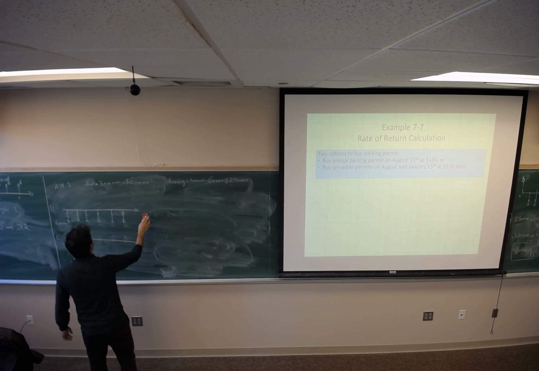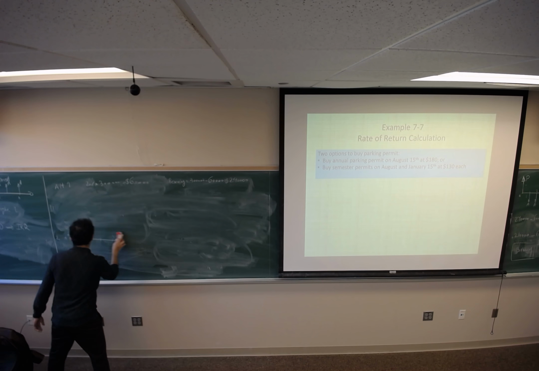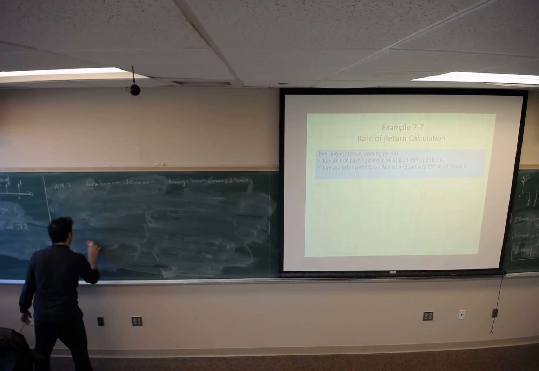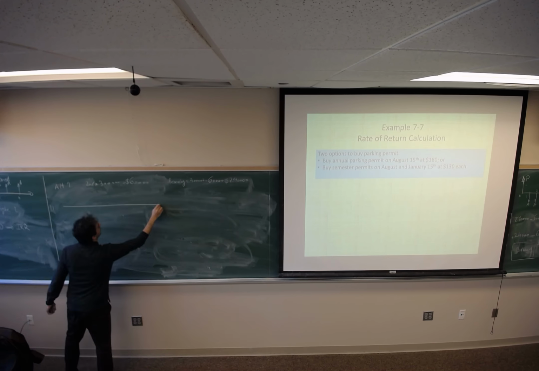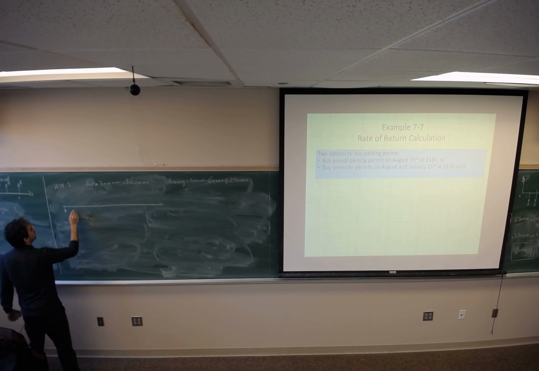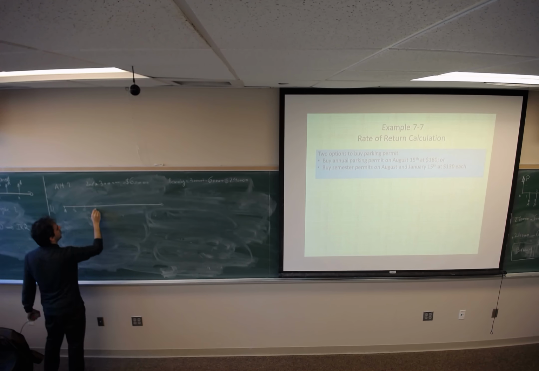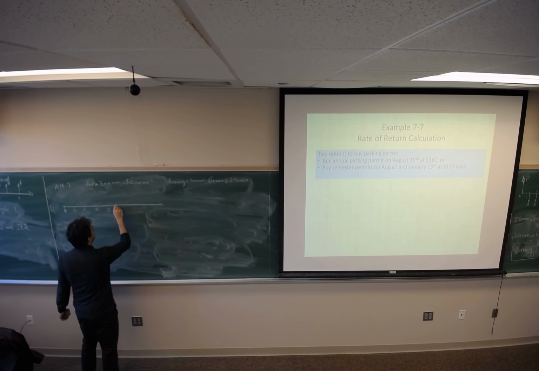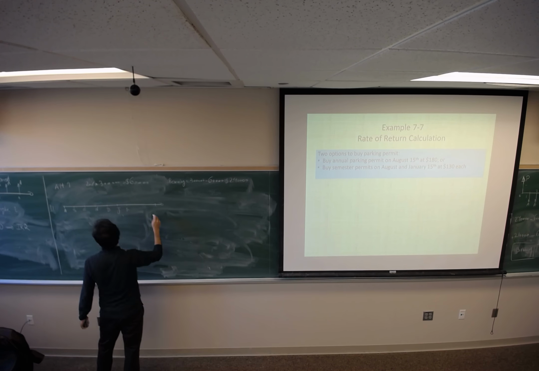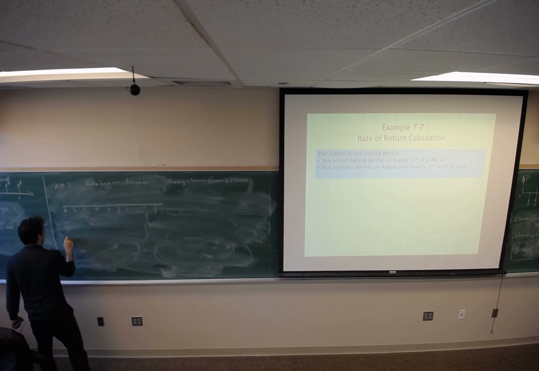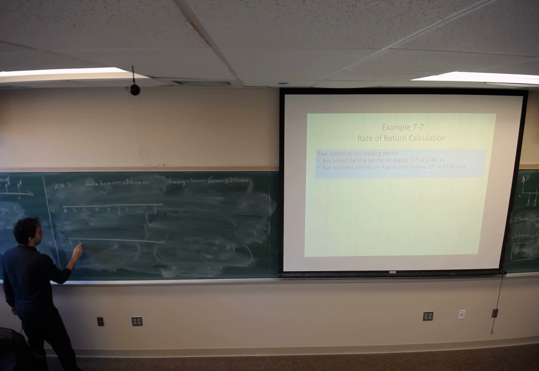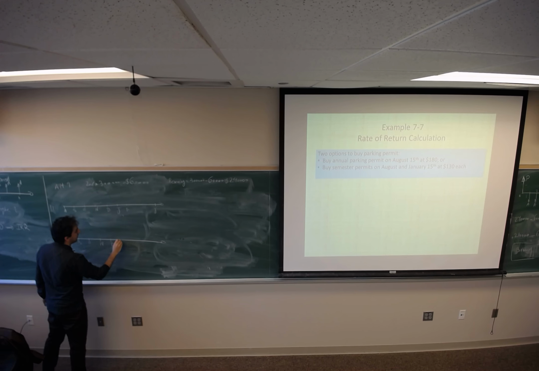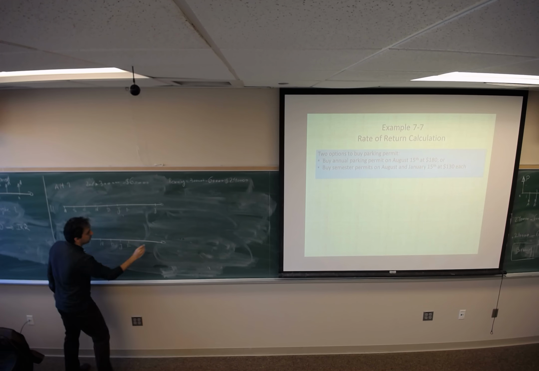Either buying an annual permit, which needs $180, from August, September, October, November, December, January, February, all the way to July.